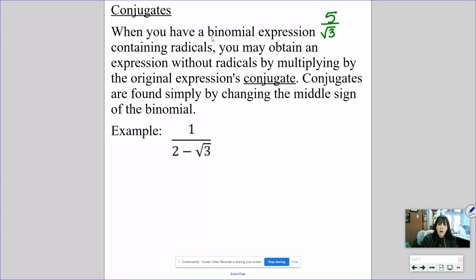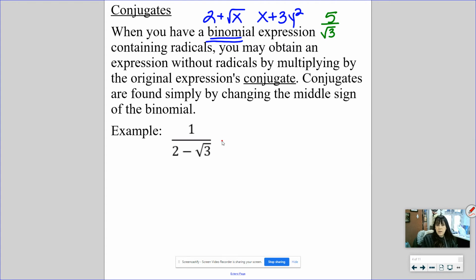Now, binomial, by the way, is when you have two terms added together. So it could just be something like this with radicals, but it doesn't have to be with radicals. It can just be variables, but simply put, two things added or subtracted from one another is called a binomial. So in order to handle this scenario, you're going to multiply by the conjugate.